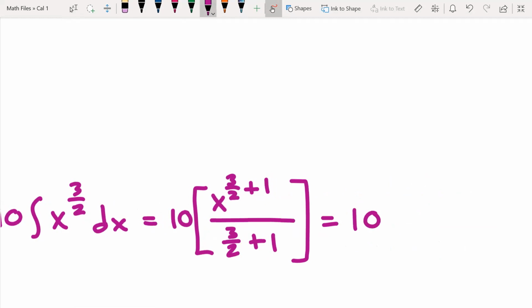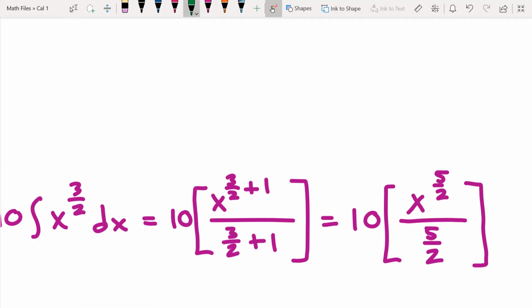Get your common denominator up here and down here. And 3/2 plus 1, that should give me what, 5/2. x to the 5/2 over 5/2.